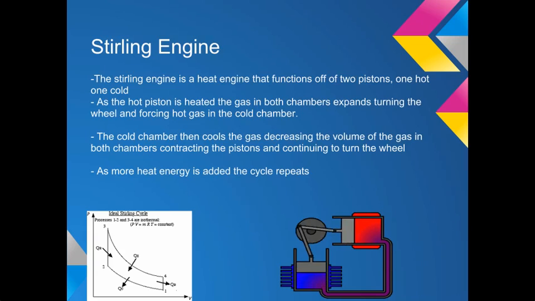This shows how the first and second law of thermodynamics can be put into action, as heat is added to the piston, it expands due to the PV equals nRT equation, and because of the second law of thermo, the heat flows from the hot chamber to the cold one, cooling off the gas and contracting both pistons, restarting the cycle of the engine. In the other corner of the slide, you'll see a pressure versus volume graph of an idealized Stirling engine.